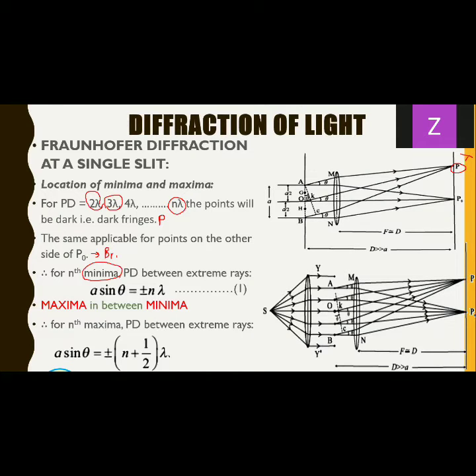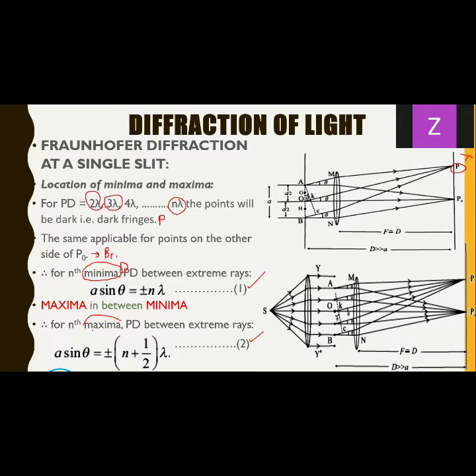Good. So once again, these two formulae, the first one and the second one, I forgot to give the second one here, I think. हाँ नहीं दिया. So the first one and the second one are the conditions for nth minima and nth maxima. Minima मतलब destructive interference means you get a dark point.